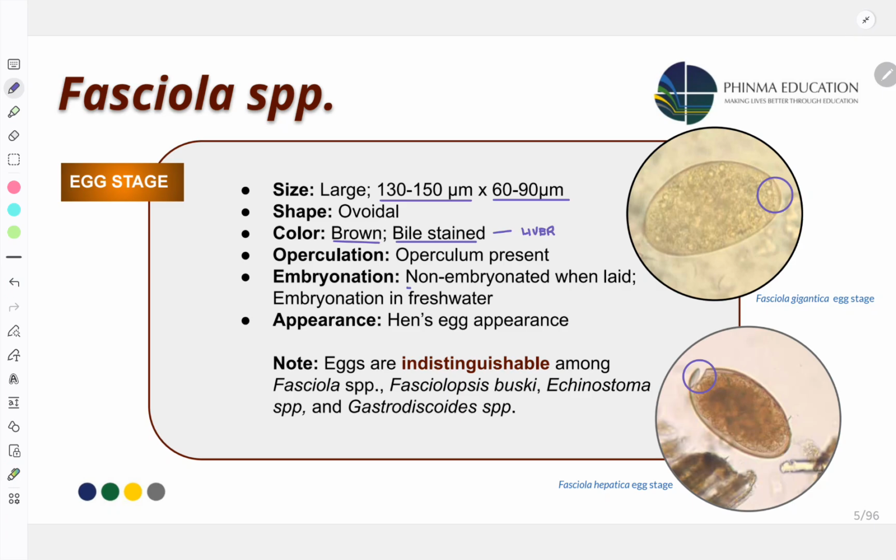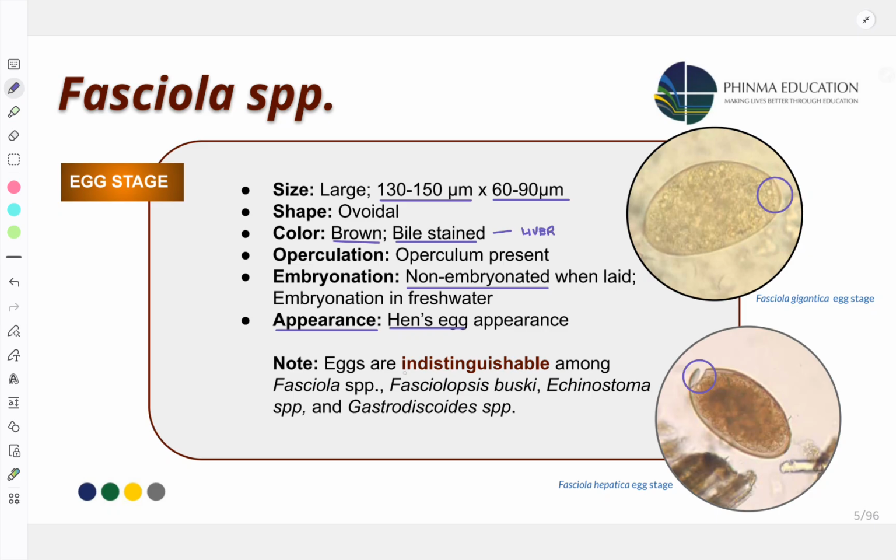So the eggs are non-embryonated when laid, and embryonation happens in fresh water. The appearance of your Fasciola ova is described as hen's egg appearance, like a chicken's egg. But you have to take note that the eggs are indistinguishable.